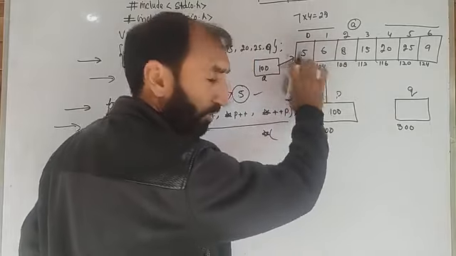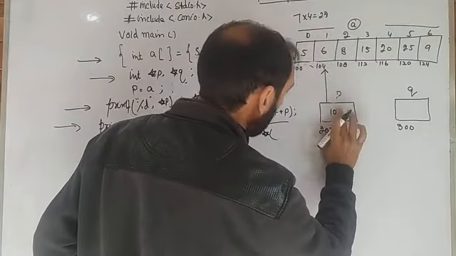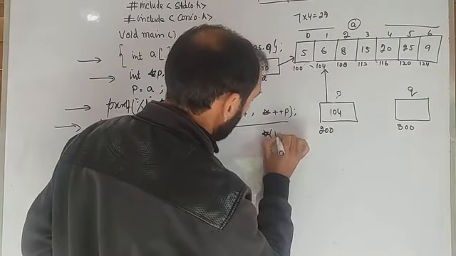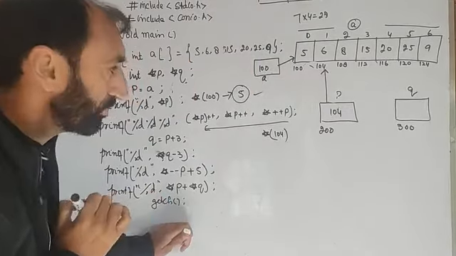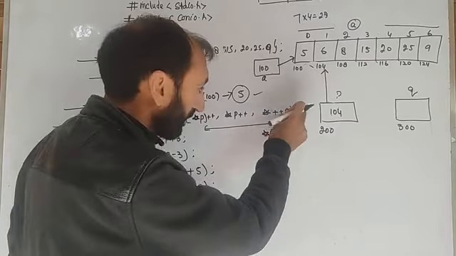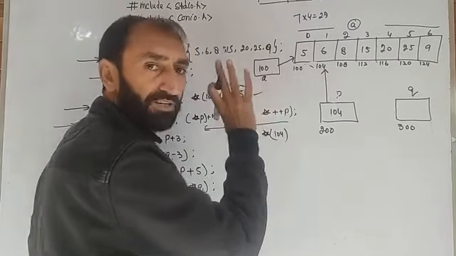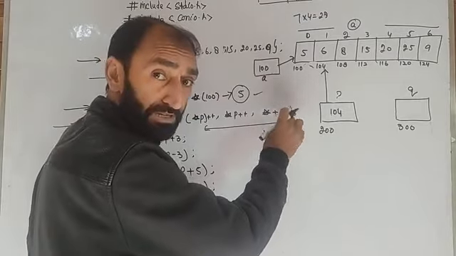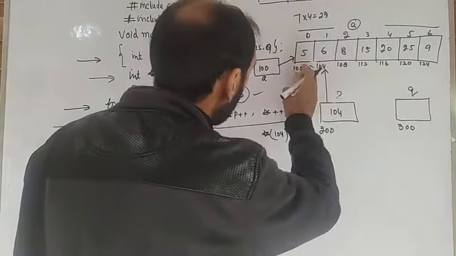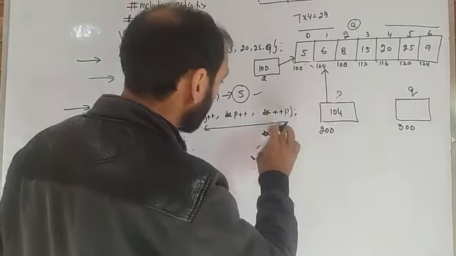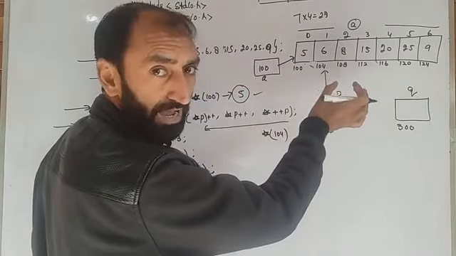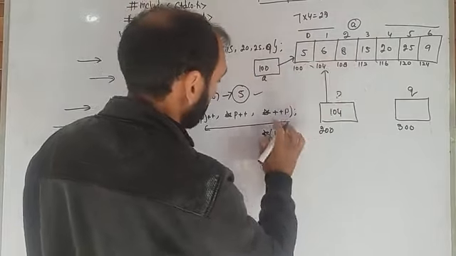++p gives the next location. Here the new address will be 104. So 100 becomes 104. With ++p, first the value of p gets incremented, then it returns its value. The pointer variable moves one location forward. 100 becomes 104, which is 4 bytes, one integer location forward.